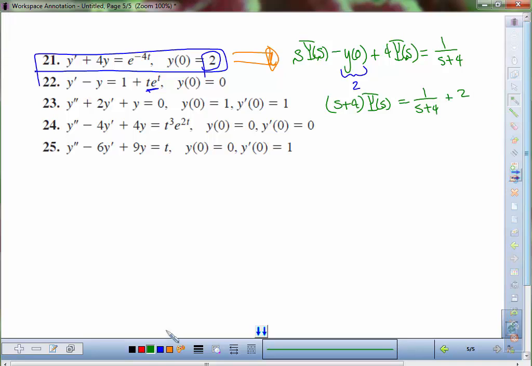I suppose we should find common denominators. So we have 1 plus 2s plus 2 times 4 is 8, and then that 1 that was added, let's call that a 9. S plus 4.